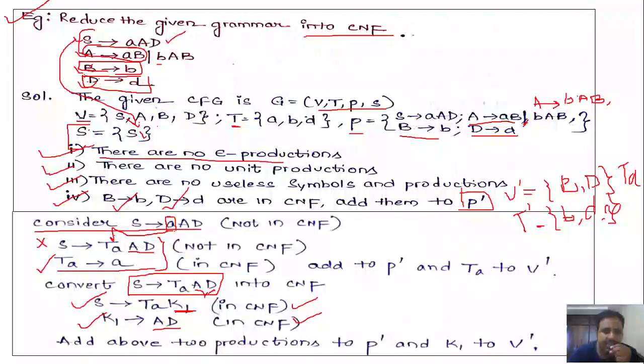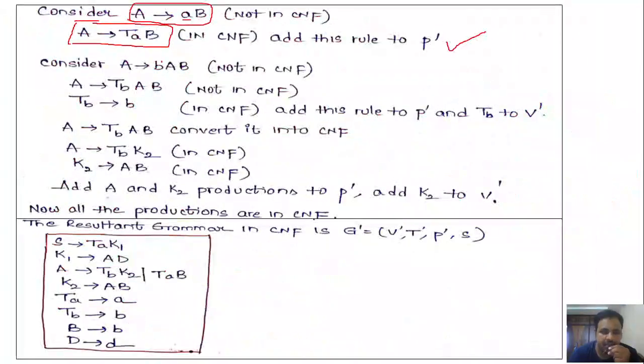Next, consider the next production, capital A denotes small b, capital A, capital B. First represent small b with a variable. So it will take the form capital A denotes TB, A, B. What is TB? TB denotes small b.